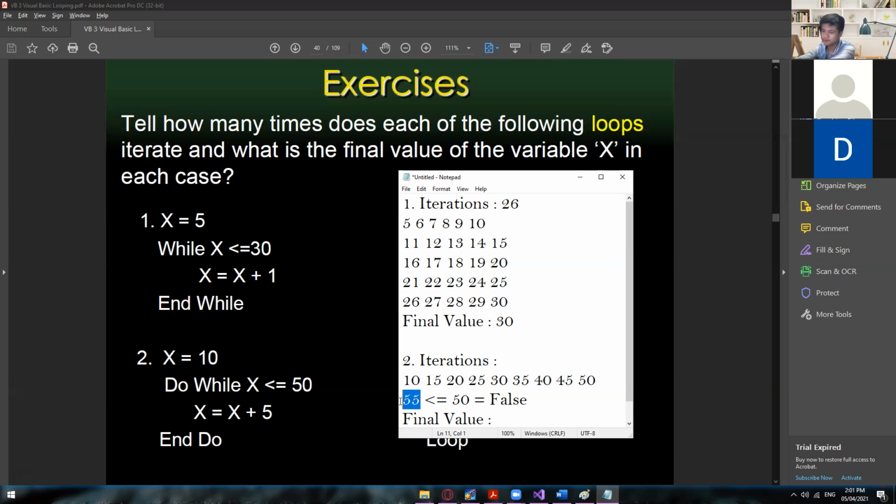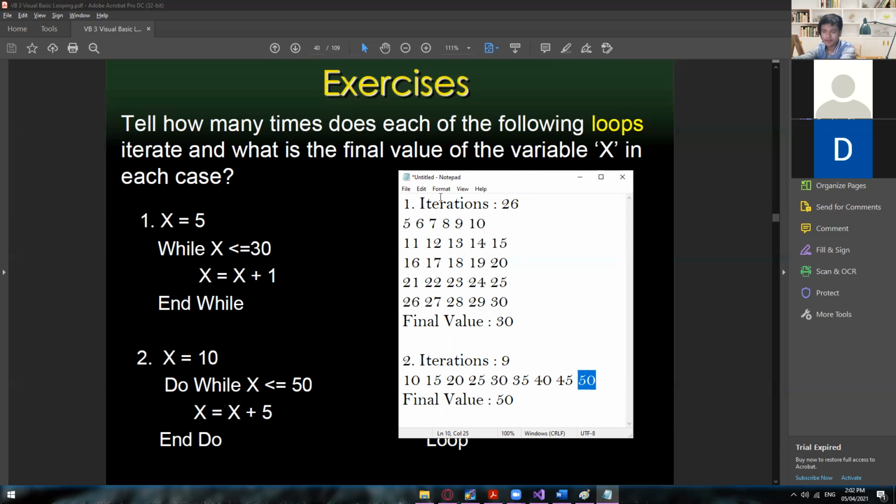So that is why 55 is not part of the iterations. So it will only go up to 50. So in here, just count the iterations. 1, 2, 3, 4, 5, 6, 7, 8, 9. So it iterates 9 times. And the final value is 50, which is this one.